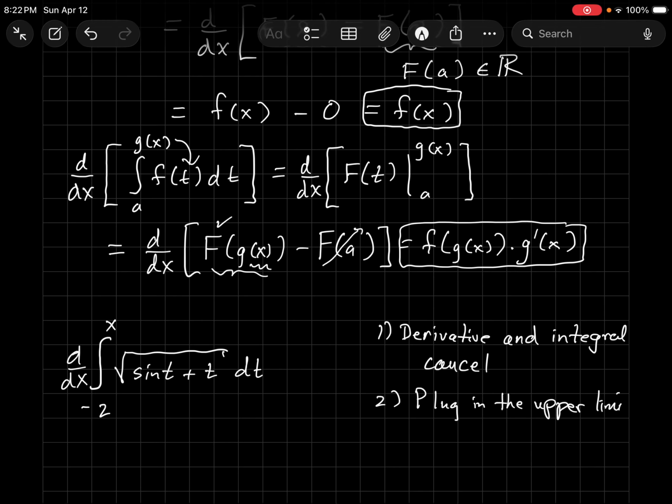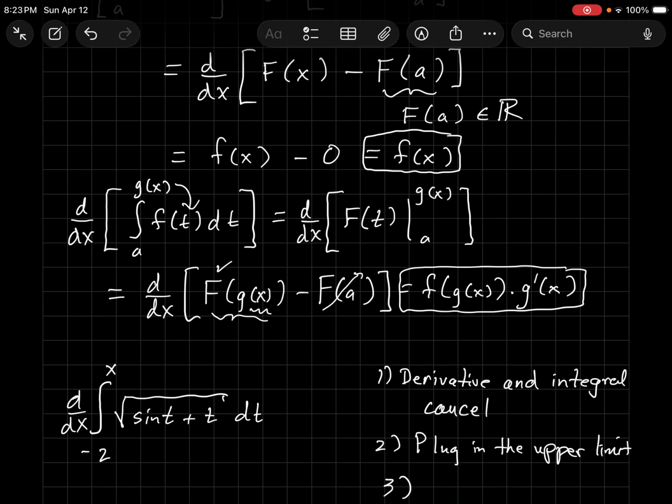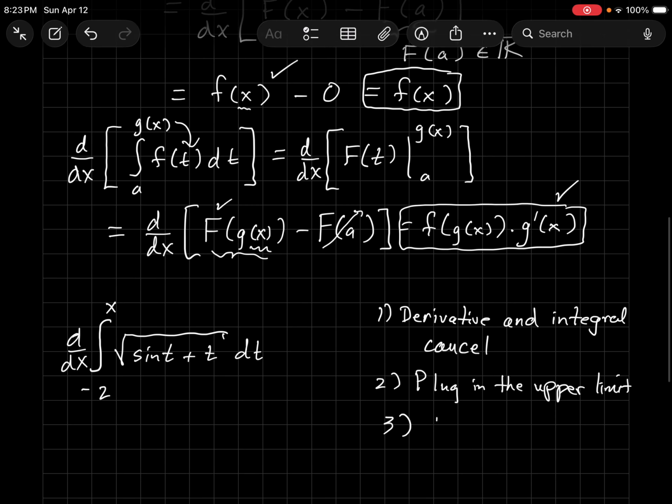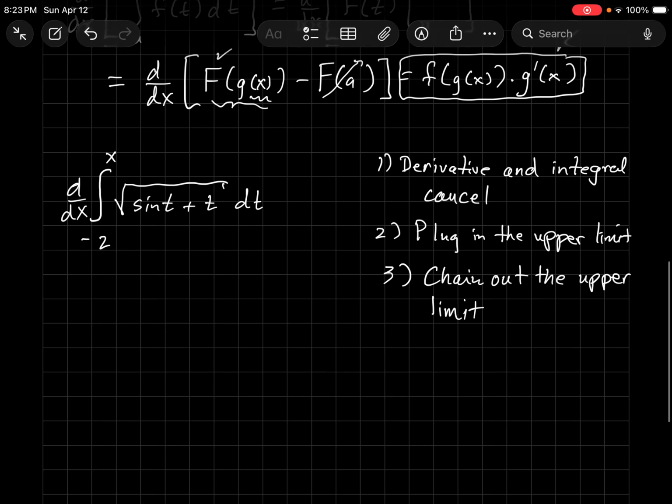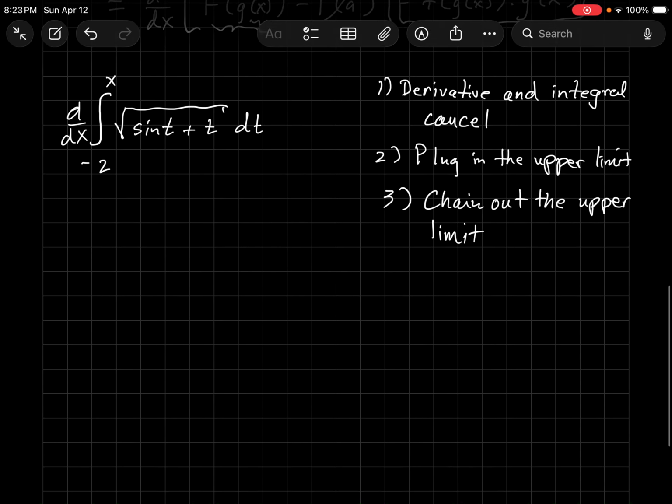And then the third thing that happens is that we chain out the upper limit. Why did we not do it here? Well, the chain out, that is the derivative of the inside part, is 1, so we didn't need it. But we certainly needed it down here. So when you recognize what's going on, just follow this 3-step process. The derivative and integral cancel, plug in the upper limit, chain out the upper limit.